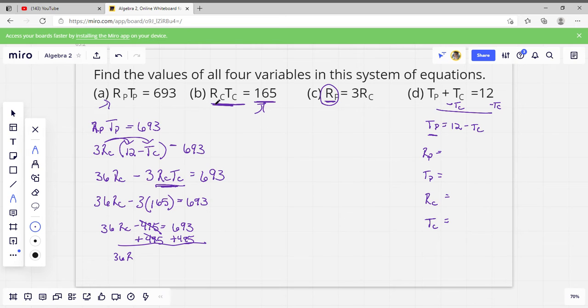36RC equals, let's see, 3 and 5 would be 8. 9 and 9 is 18. 6 and 4 is 10, 1188. So I'm going to say 1188 divided by 36. I need my calculator.